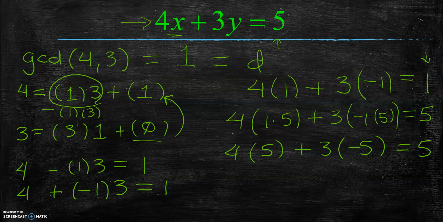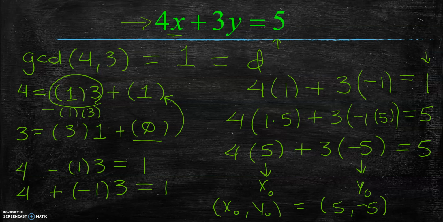And there we have a particular solution to our linear Diophantine equation, where this 5 we'll call x0, and this negative 5 we'll call y0. Writing it as an ordered pair, x0, y0 equals 5, negative 5, which is our particular solution.